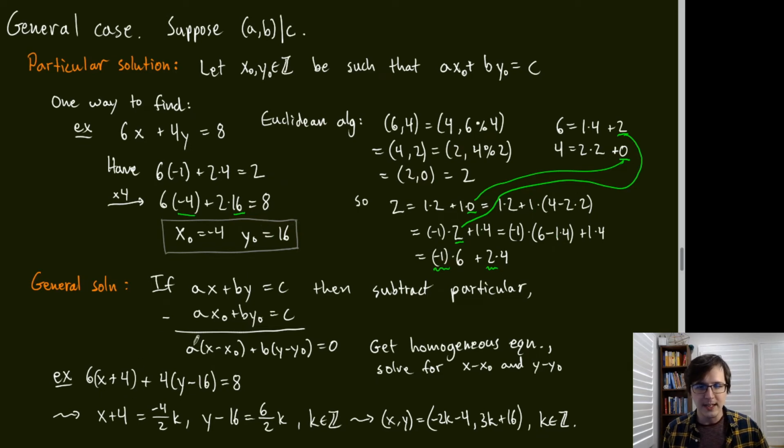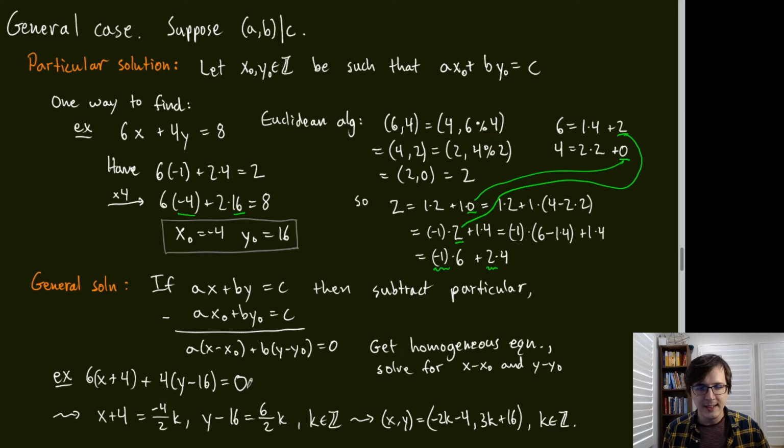Then the equation we get, so this third equation, is 6 times (x plus 4) plus 4 times (y minus 16) is 8. No, that's not what I mean. I mean equals 0, of course.